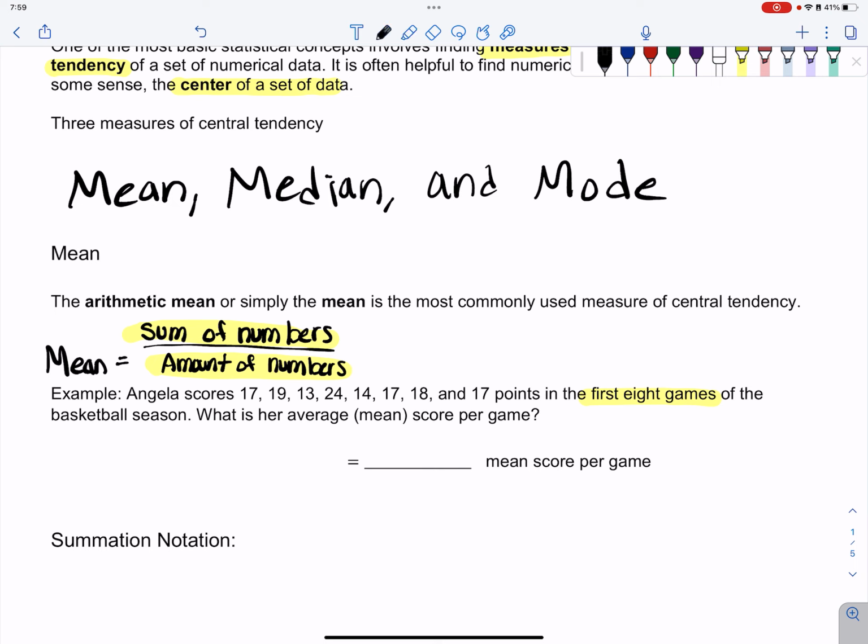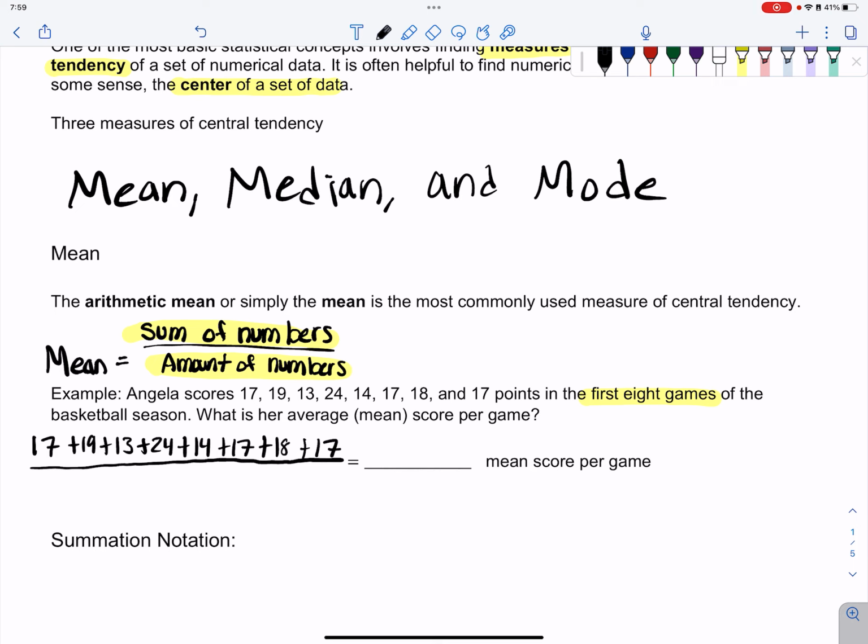So all we have to do is add all of these numbers together in our data set. So 17 plus 19 plus 13, 24, 14, 17, 18, and 17. And then we need to divide this by the amount of numbers that we added together.